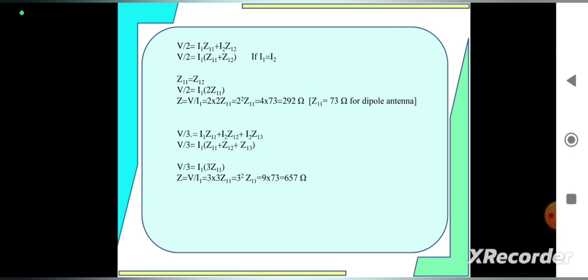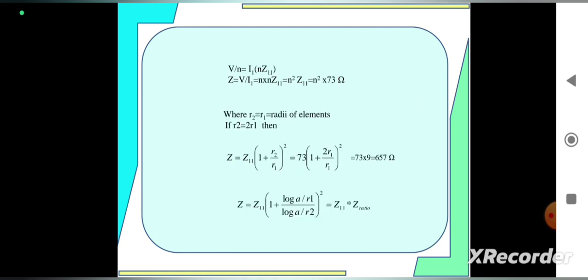Next add 3 Z11, so we get I1 into 3 Z11. Again we are doing cross multiplication, so we get 3 comma 3, that is 3 square Z11. The Z11 value should be 73 ohm. 9 into 73 is equal to 657 ohm.